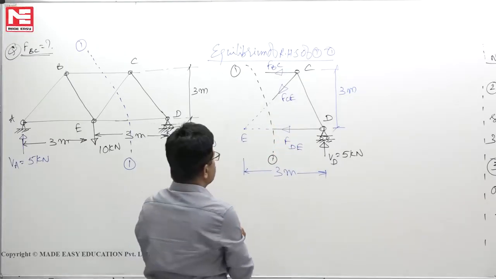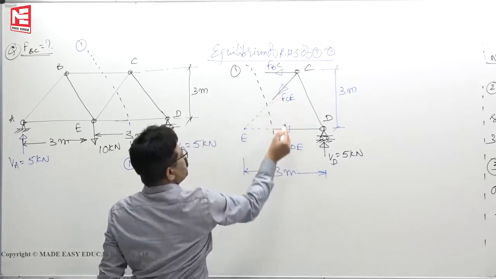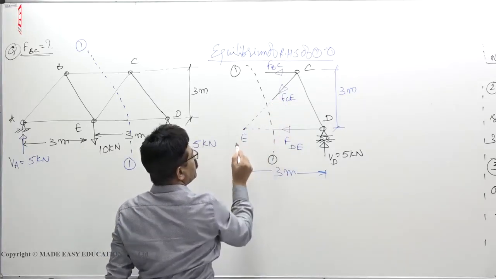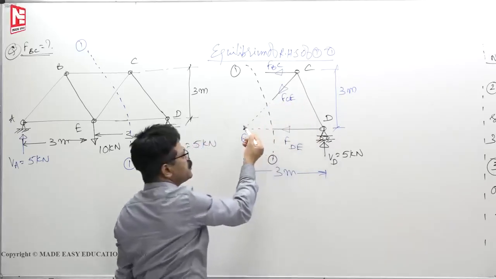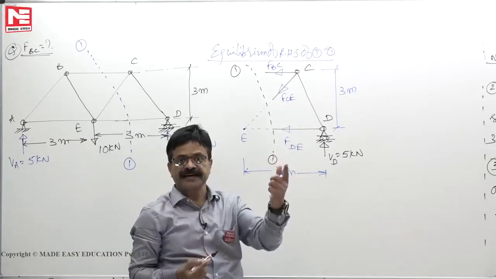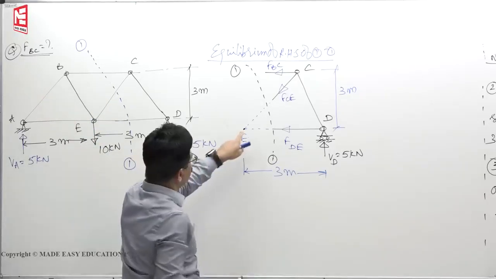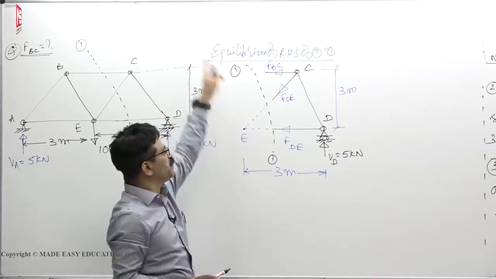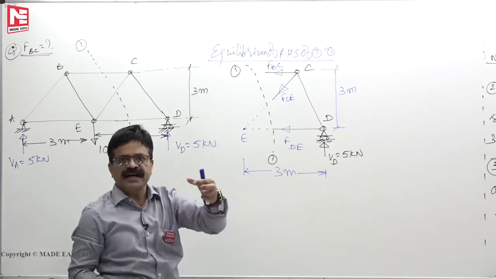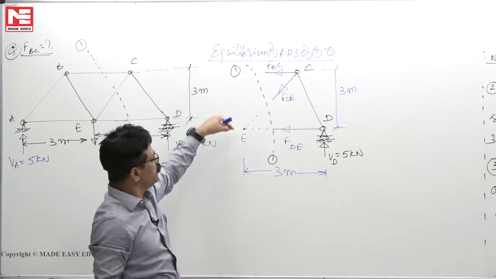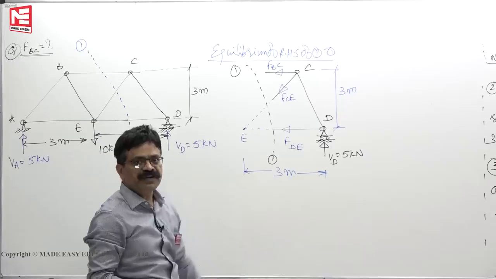In such cases, if I take moments of all forces about point E, where these 2 members meet in the air, now when I am cutting it here and throwing this piece out, the 10 kilonewton we should not keep, because you cut and throw it into the dustbin. Again from the dustbin you cannot take the 10 kilonewton and hang it in air, it will fall down.